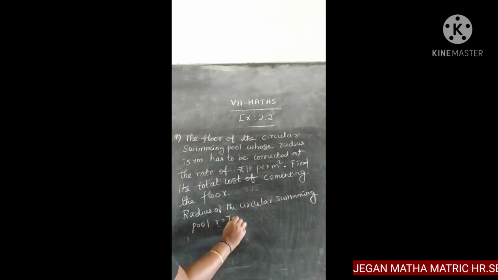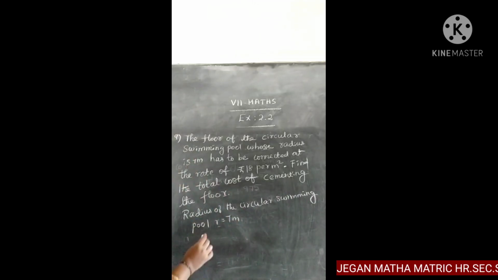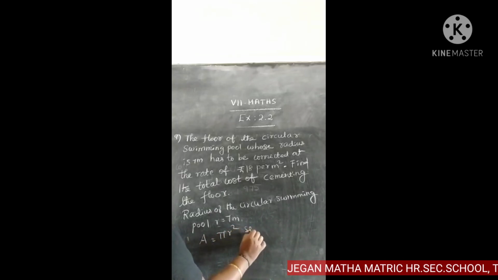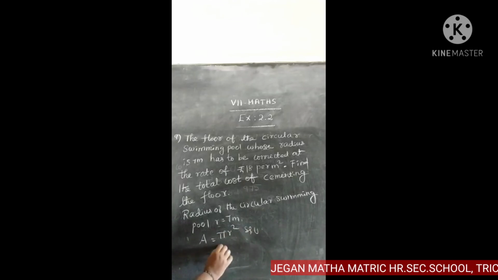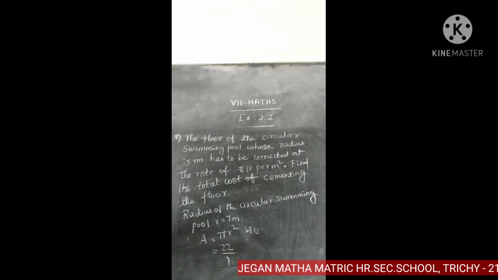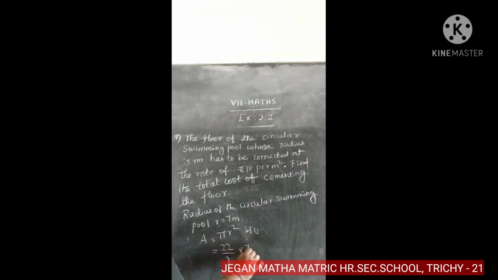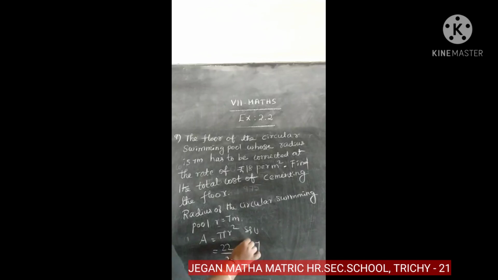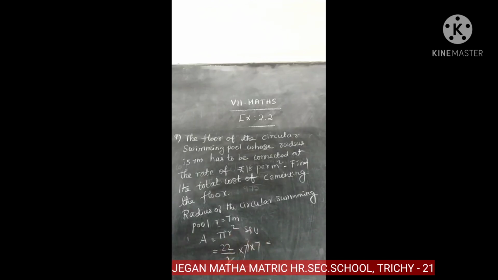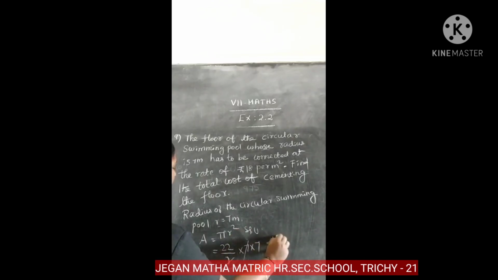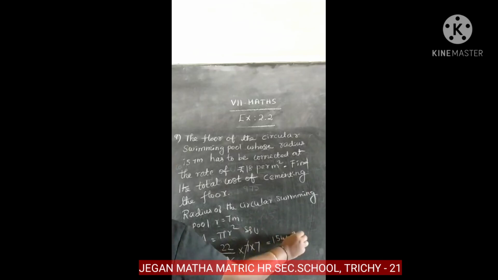Radius is equal to 7 meter. So the area of the circular swimming pool, this is circular shape, so pi r square units. Then the value of pi is equal to 22 divided by 7 multiplied by 7 into 7. The radius is 7 given. Here 7 cancel. 22 into 7 is equal to 154 meter square.